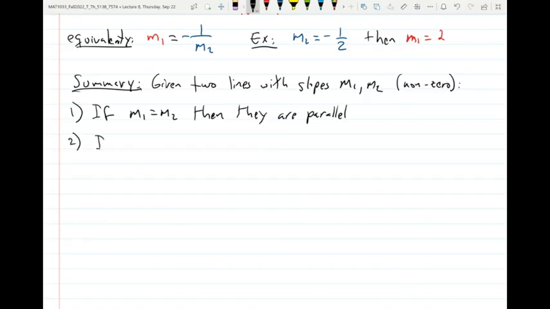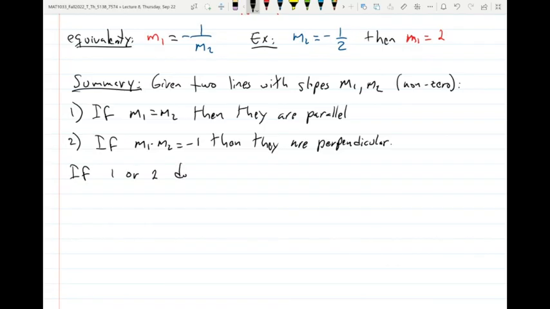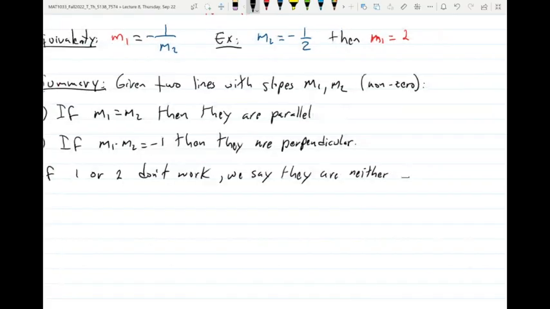If this doesn't happen, but we have that M1 times M2 equals -1, then they are perpendicular. And if one or two don't work, we say they are neither. And when we say neither, we mean neither parallel nor perpendicular, but for shorthand, we just say neither. It's understood that we mean neither parallel nor perpendicular.